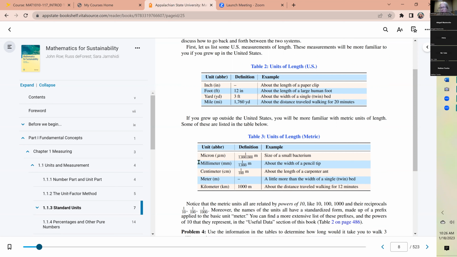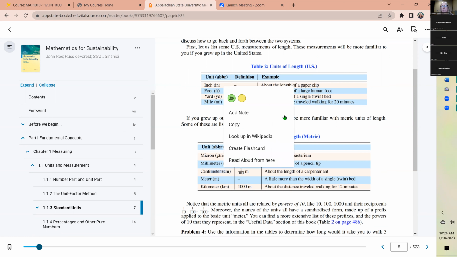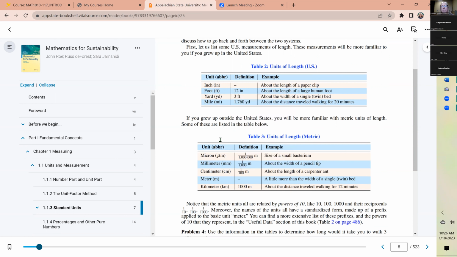So I would say I don't use the micron that much. But the bottom 4 for the metric system are ones that you should know. If there's one I use that you don't see as often, then I would put that into the problem.